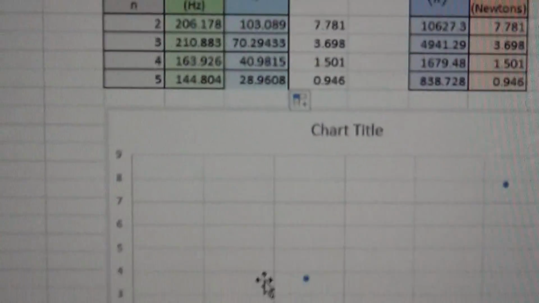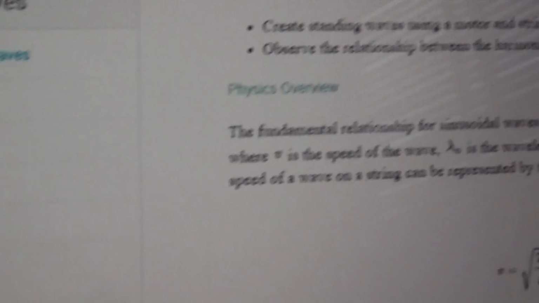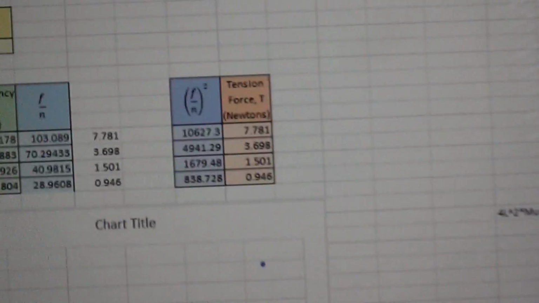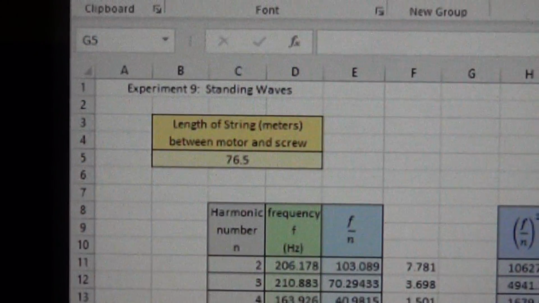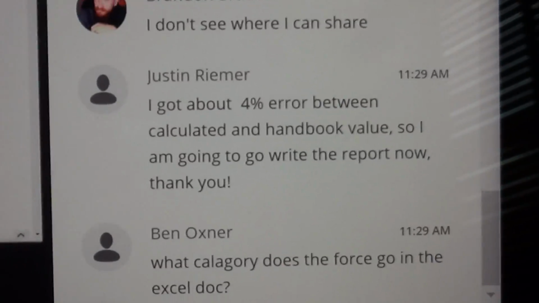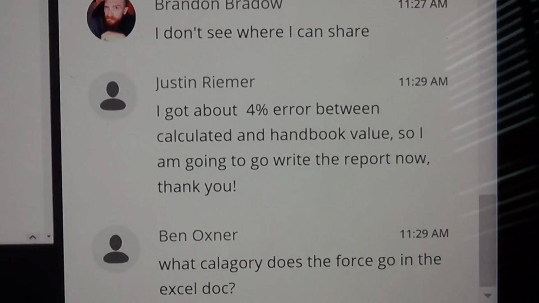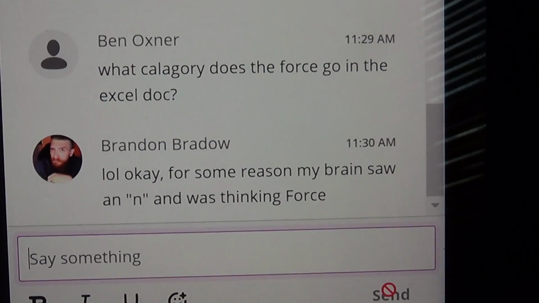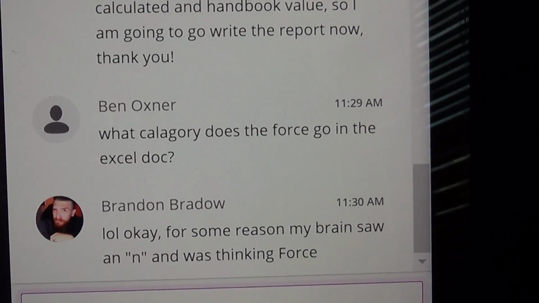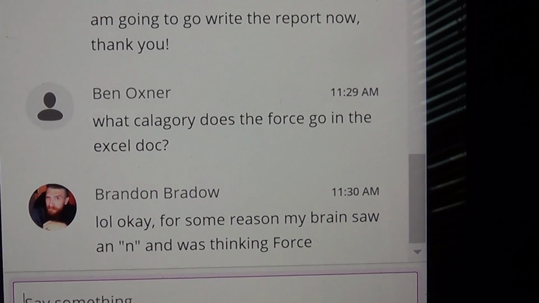Does the force go in the cell? Where it says tension force T in newtons in that orange box. Now that looks a lot straighter, doesn't it? All right. So go ahead and fit a linear to that.